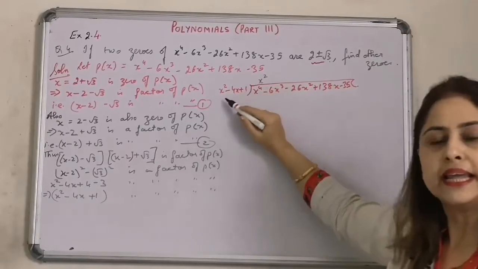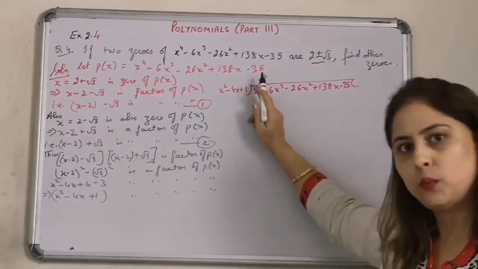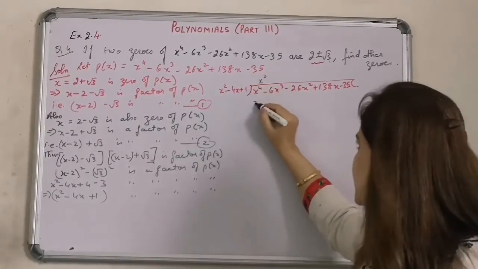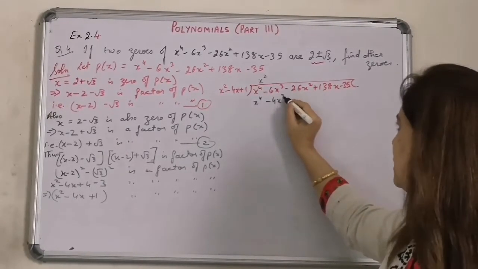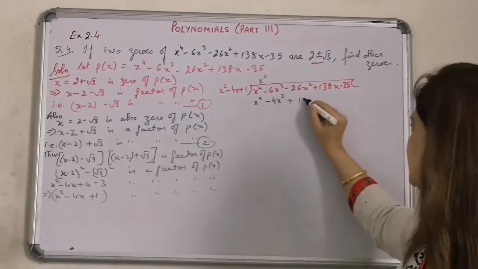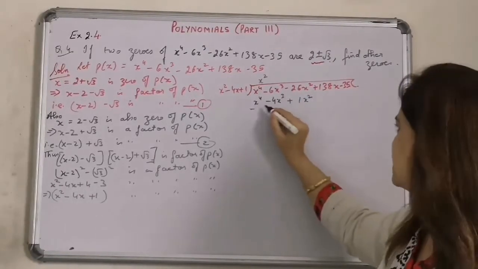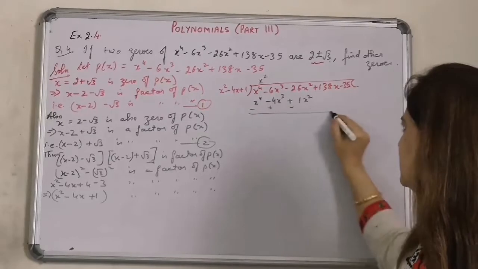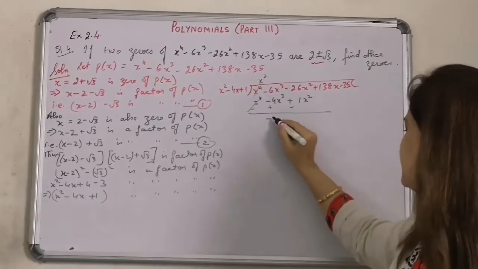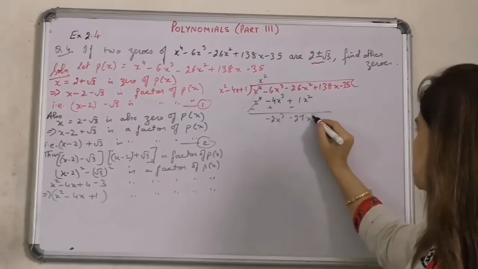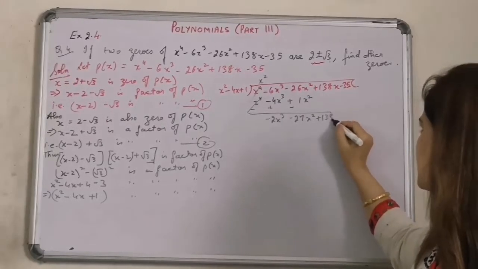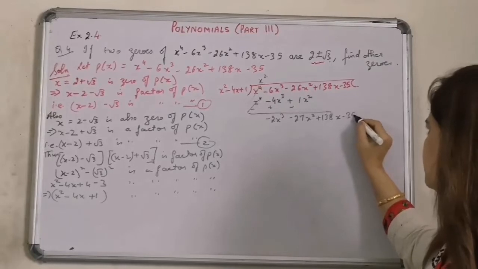We are going to multiply each term of this divisor with x power 2. So this is x power 4 minus 4x cube plus 1x cube. Let's change the signs of the bottom line. We get minus 2 into x power 3 minus 27 into x power 2 plus 138x minus 35.